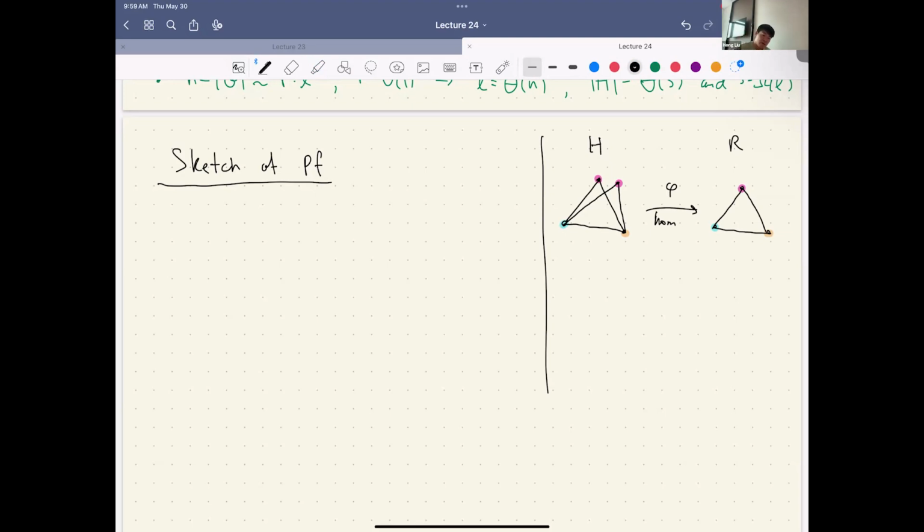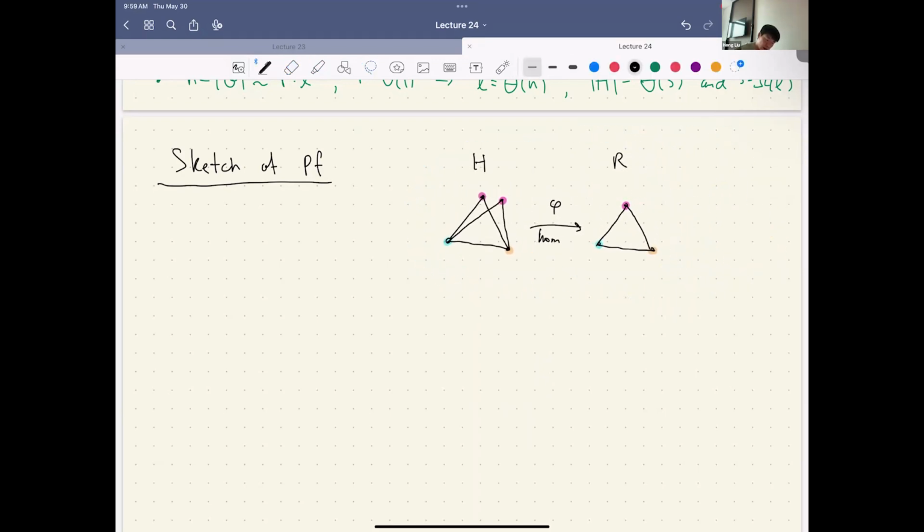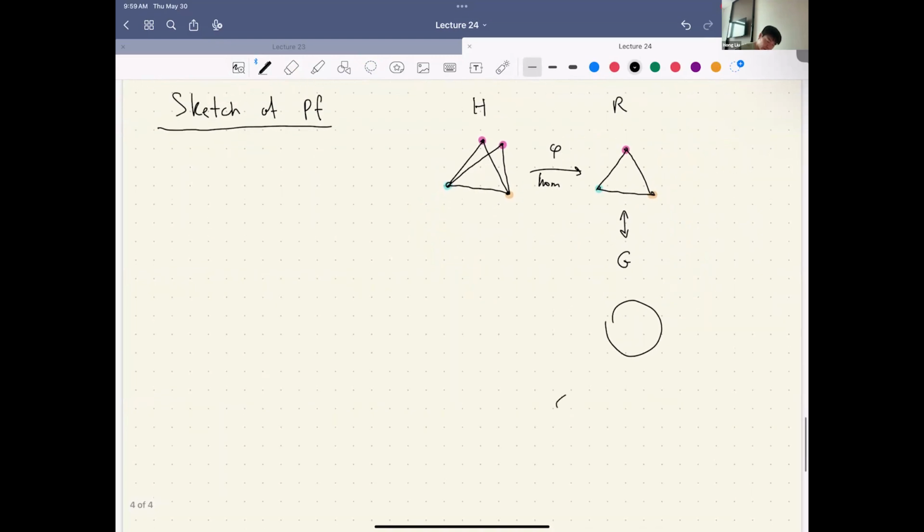Let's recall what the graph looks like. Actually, let me move these things a little bit more to the center. And let's recall in the graph G, how can we have this triangle in the reduced graph R? That means in G, we have three clusters, three parts.